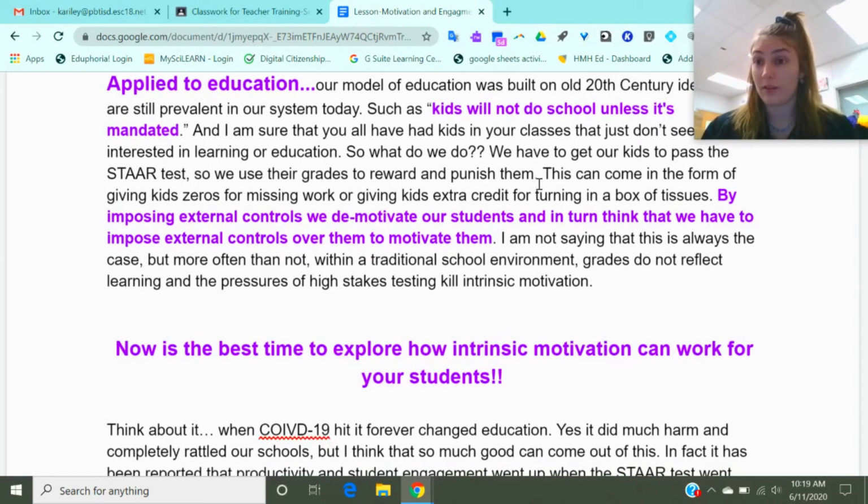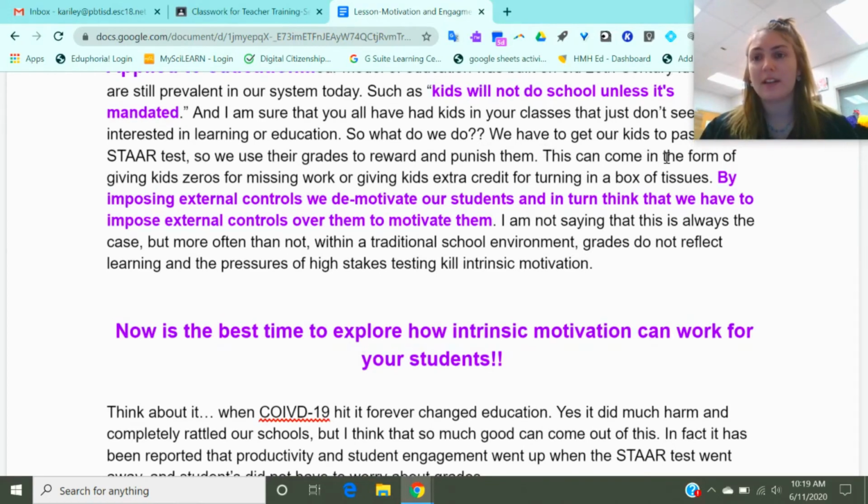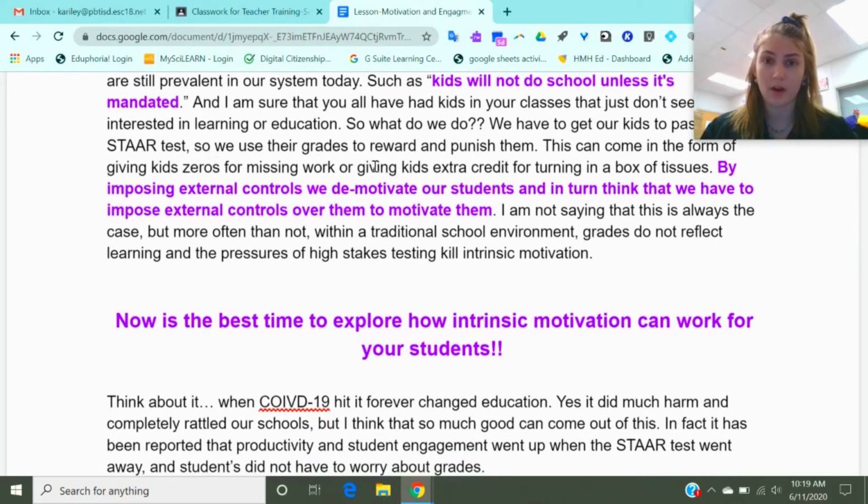So grades can be used as rewards and punishments, which is not necessarily a good thing, because one huge, hotly debated topic in education is: do grades actually reflect learning? And most of the time, they do not. This can come in the form of giving kids zeros for missing work, or also giving kids extra credit for something like bringing a box of tissues to school.